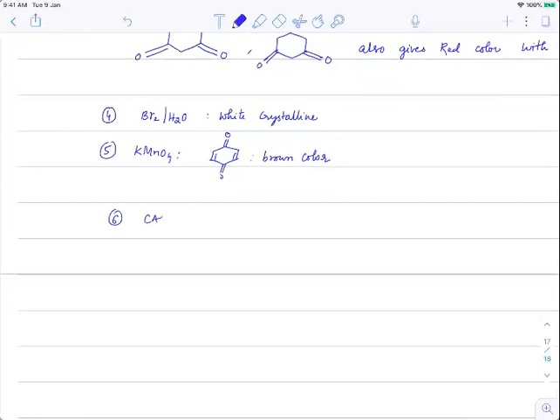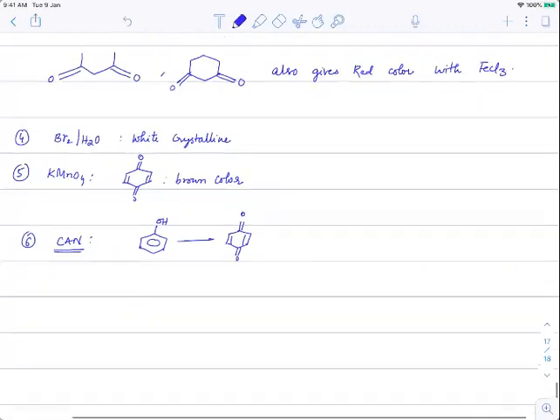And I have told you in alcohols, any form of alcohol present will oxidize. This will also give quinone, and that is also brown color.